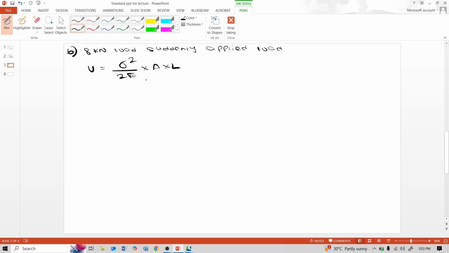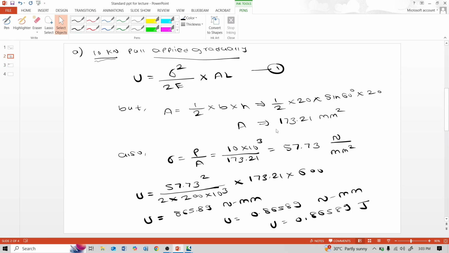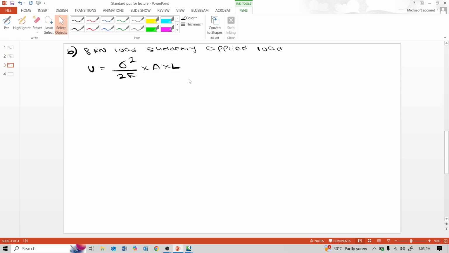This area is the same because the triangle is the same, 173.21, and length is also the same, 600 mm. The stress varies for suddenly applied load and gradually applied load.